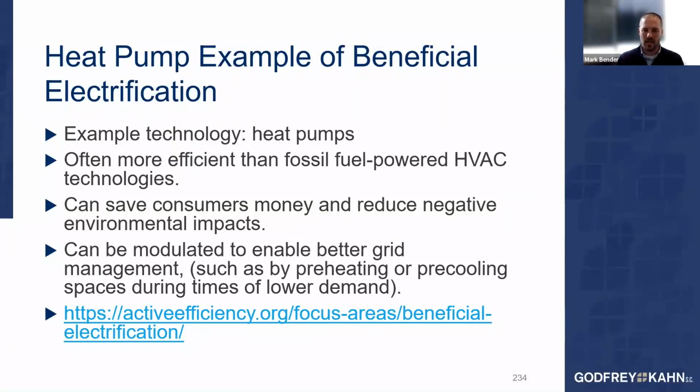Additionally, heat pumps run as both heat and air conditioning, and the cooling side of the heat pump is often substantially more efficient than a normal air conditioner. And when coupled with smart thermostats, heat pumps can be turned off and on to enable better grid management, and used to preheat and pre-cool spaces during times of lower demand, which can reduce energy usage during utility peak hours.